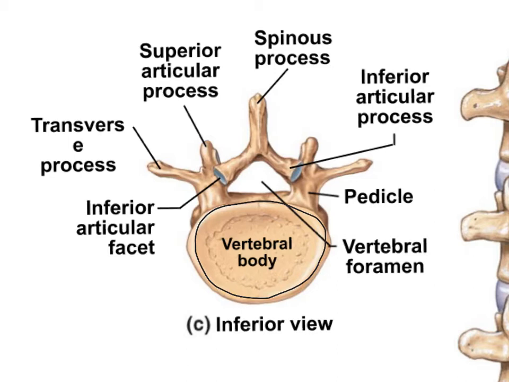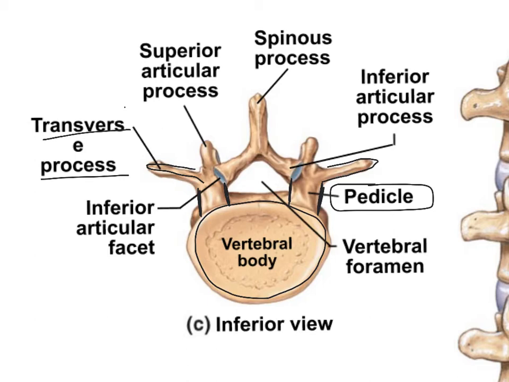And then in the back of the vertebrae, we have all these processes that are sticking out. First we see that coming off of the vertebral body are these two pedicles. The pedicles are like pedestals, right? That's the first thing we see coming off of the vertebral body. Then when the pedicles end, we have these two processes that stick out. Those are called the transverse processes.